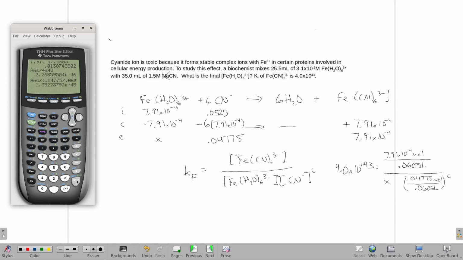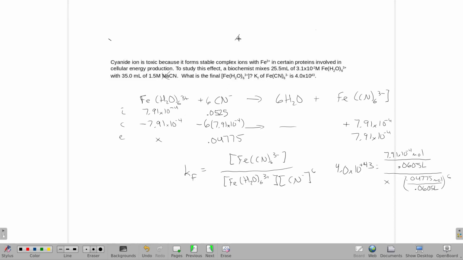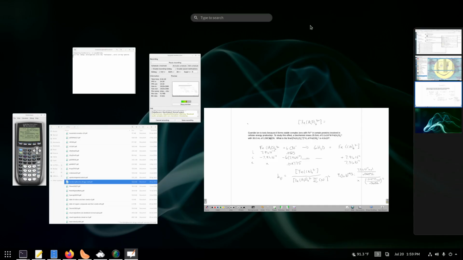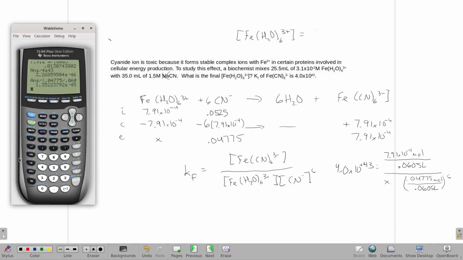Alright, that is the concentration of iron we'd suspect here. So the Fe(H2O)6 3+ concentration is predicted to be 1.35 times 10 to the negative 45th.